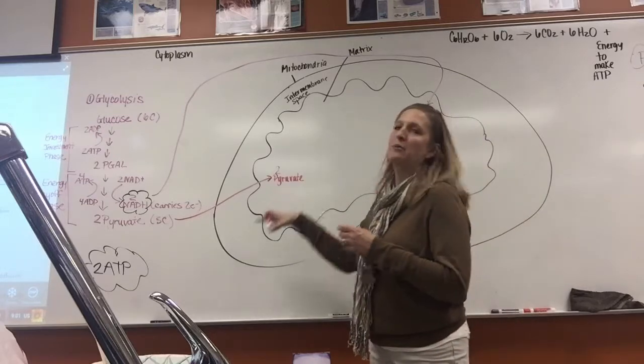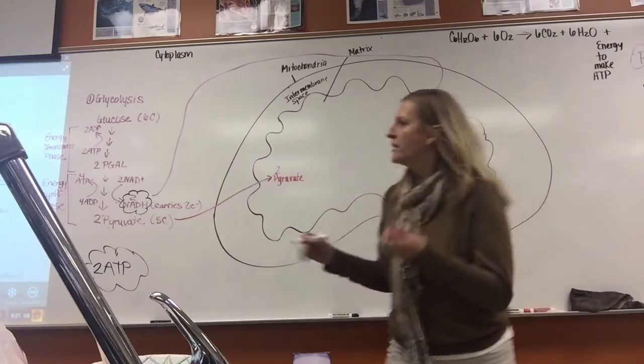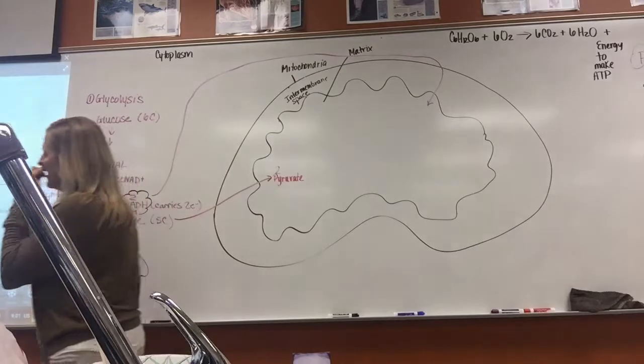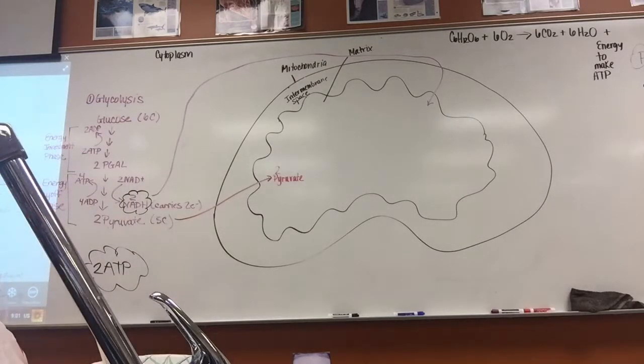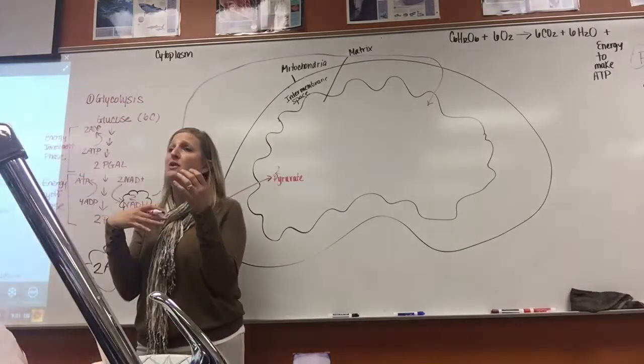Pyruvate and pyruvic acid are the same molecule. Let's just talk about that real quickly here. Pyruvate has the carboxyl group, the C with the double-bonded O and the O here. The carboxyl group usually has the H here, and that is what makes the molecule it's attached to acidic.